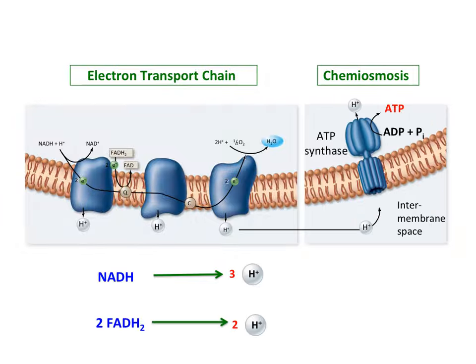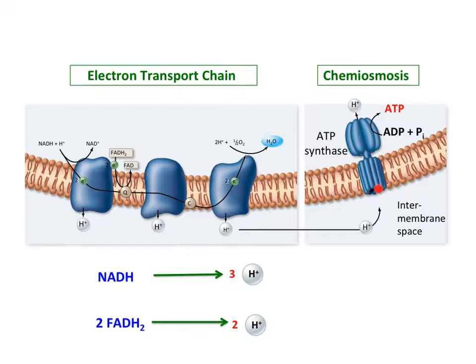This is where the cell takes advantage of that and finally converts the energy in this gradient into ATP. The protons that want to get out of the intermembrane space are given a way out by the cell through this protein called ATP synthase, or this enzyme. And this enzyme is kind of like a turbine, a rotor protein.